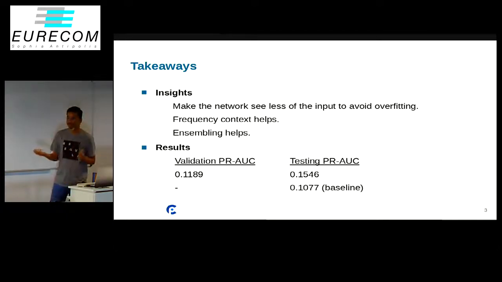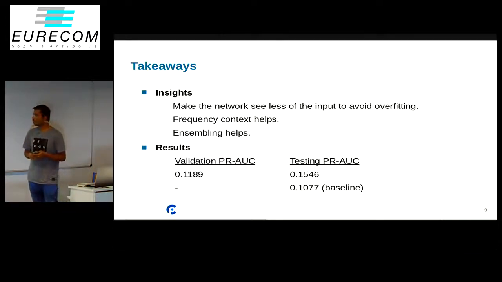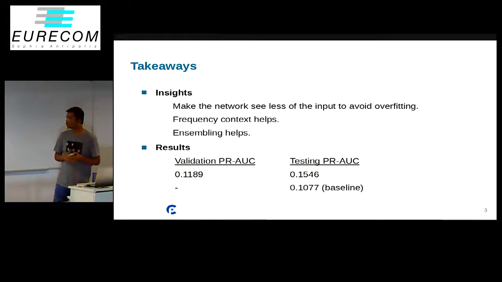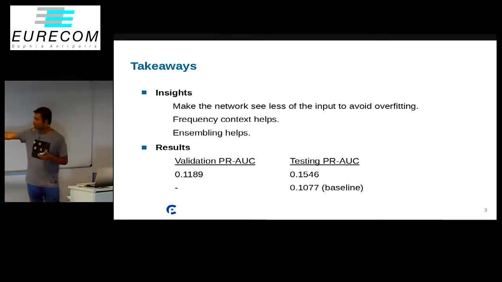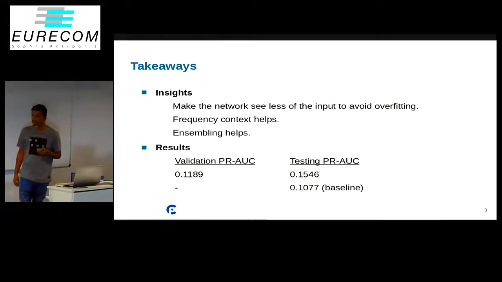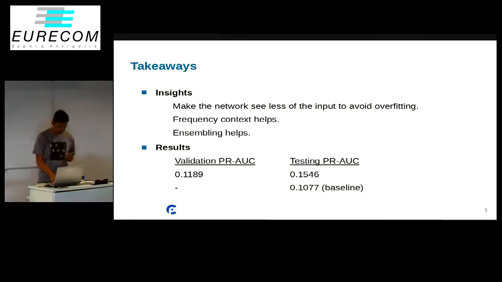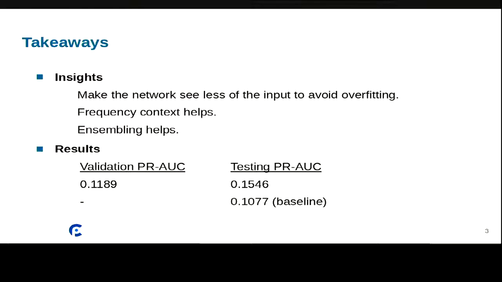And also for inputs having spectrograms, we see that the frequency context helps, and I'll share how we do that. And also we used some ensembling approaches which improved our performance a lot. So you can see that is our main result, which is 0.15 of PRAOC compared to the baseline.